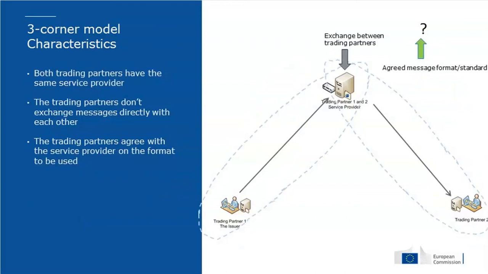Some questions that may come up are, what is the agreed message format which I sent? If I upload my internal format and you download it in the standard format, on whose behalf did the conversion take place? And at which moment in time was the message actually transmitted? These are some of the questions that are less transparent in the three-corner model.